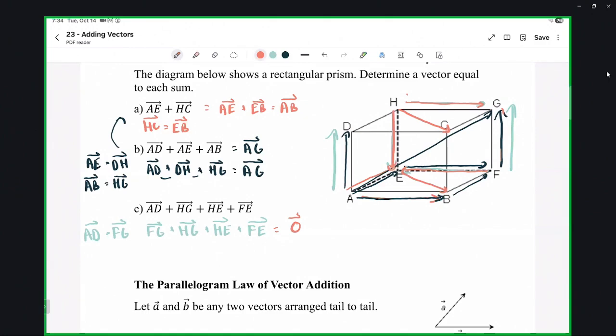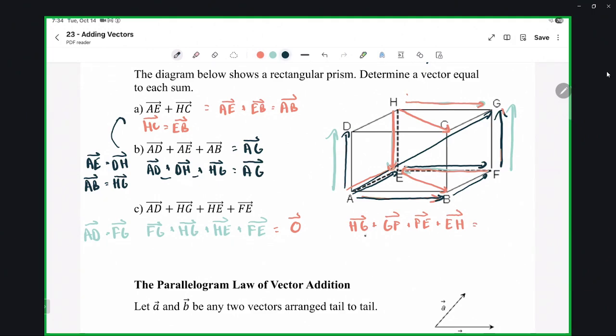Okay. And if you want, you could rearrange these as well. So another way to think about this example would have been, say, we go from H to G. Then we go from, instead of HE, we call it GF. Then we go from F to E. Then we go from, instead of FG, we go from E to H. And the reason why I'm showing you this is that when you use equal vectors to help show what this looks like, you can see here we have some nice harmony.